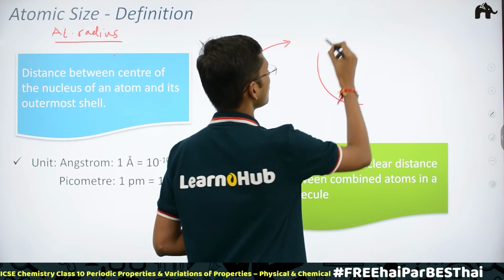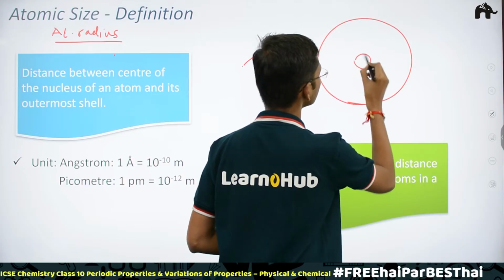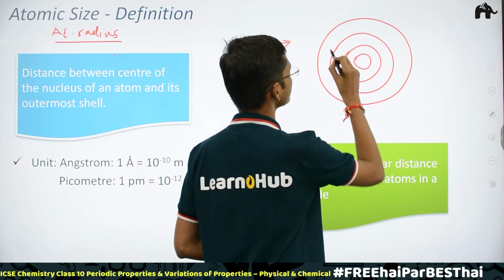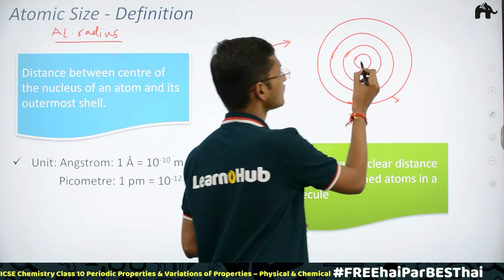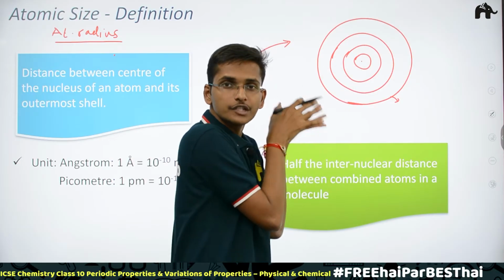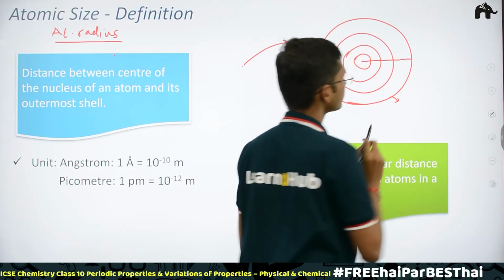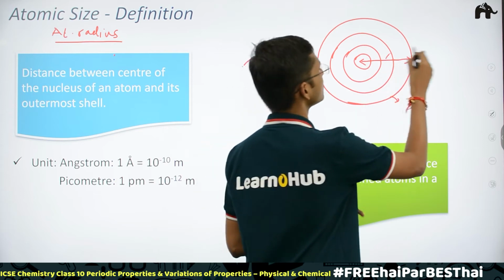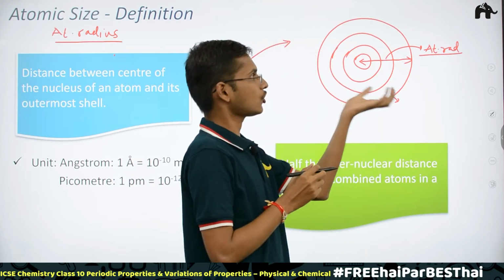This is the outermost shell of the atom, and this is the nucleus. There is the first shell, the second shell, and this outermost shell is our third shell. When we move from the center of the nucleus to the outermost orbit of the atom, the distance we cover is the atomic radius, or atomic size.